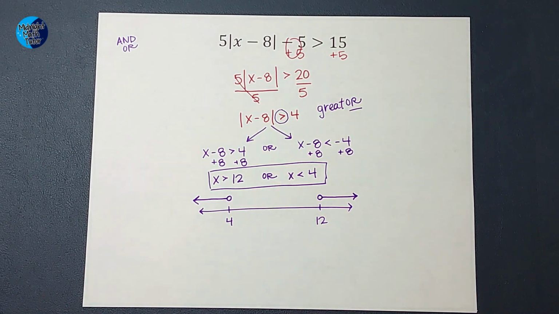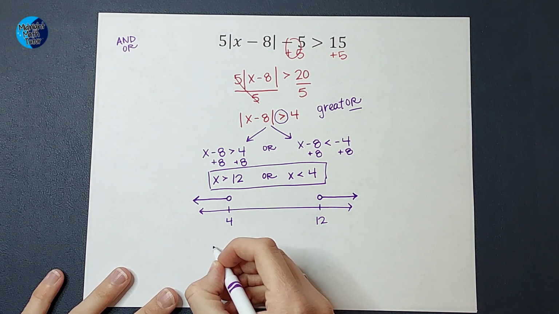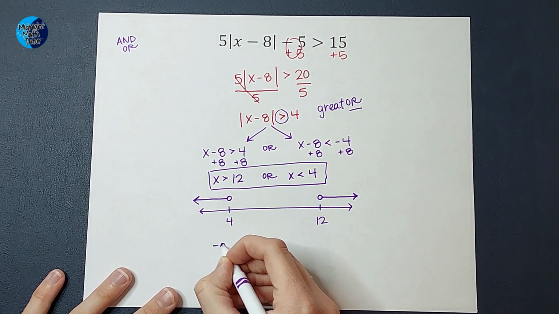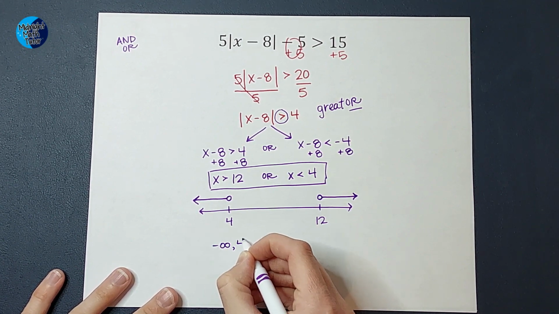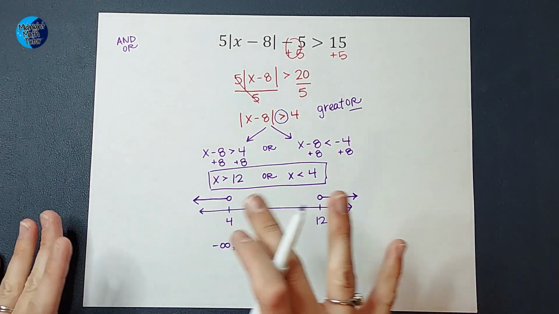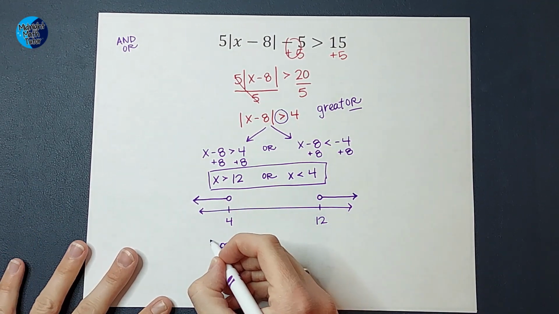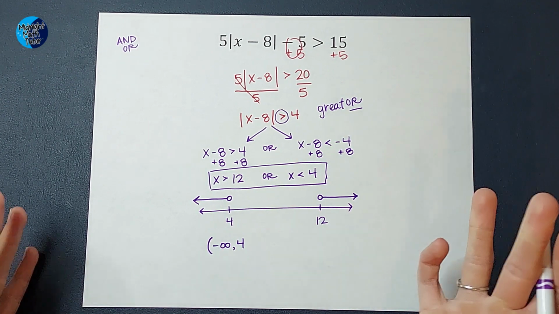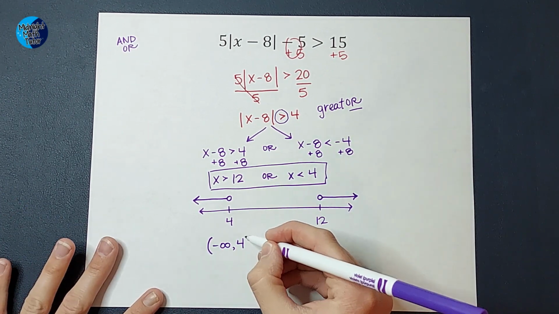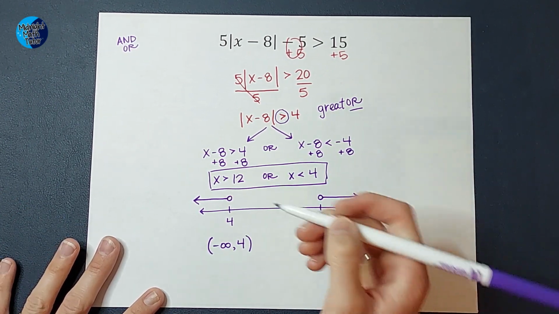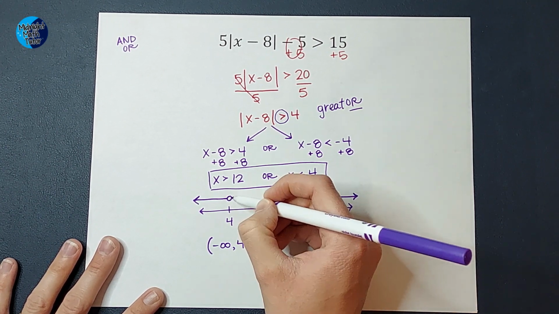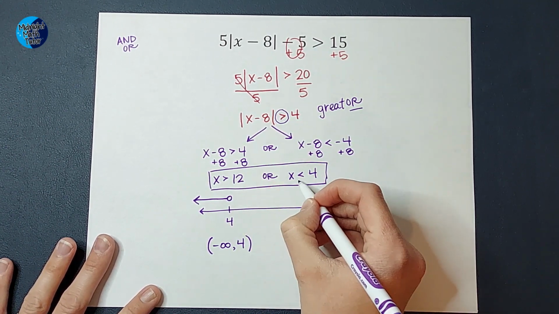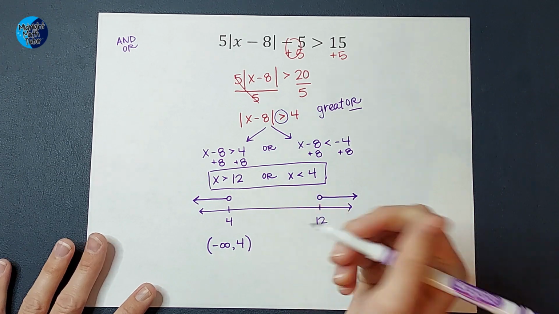Now, if you want this in interval notation, we would say you can pick any number from -infinity to 4, right? And then I got to decide if I use parentheses or brackets. Infinities always get parentheses. And then the 4 is also going to get a parenthesis because it can't actually be 4. If it could, if this were an equal to over here, I would use a bracket, okay?